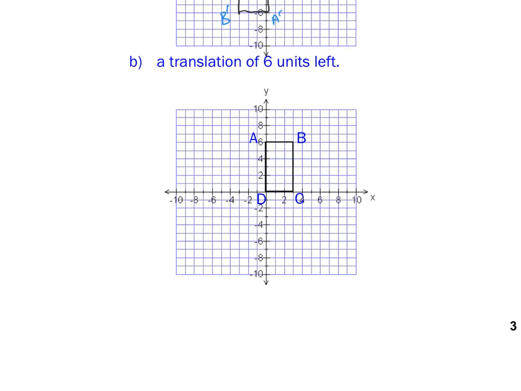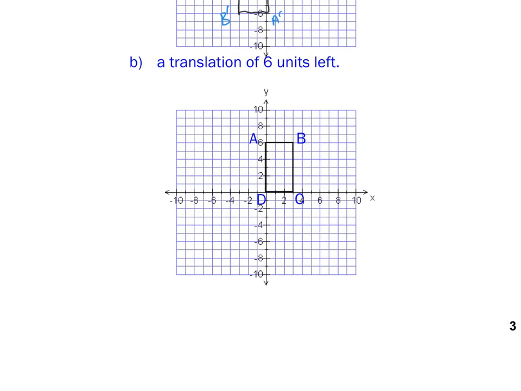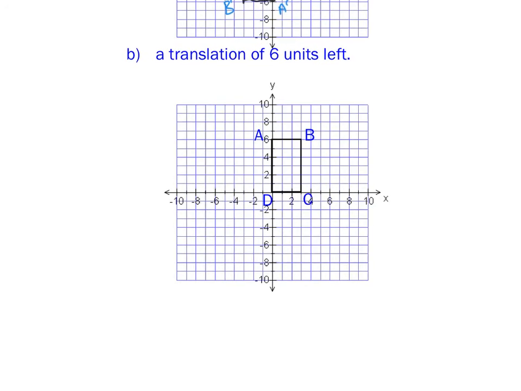Now, next one. What if we translate this 6 units left? That means every part of the diagram goes 6 units left.